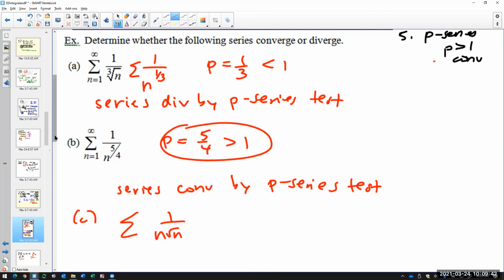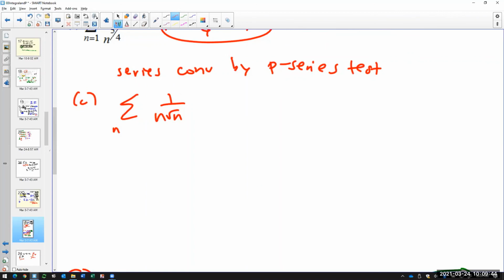Okay, what if I gave you this problem right here? And actually, it doesn't have to be n equals 1. So I'll just say n equals 2. What is your p here? Isn't this really 1 over n times n to the 1/2?